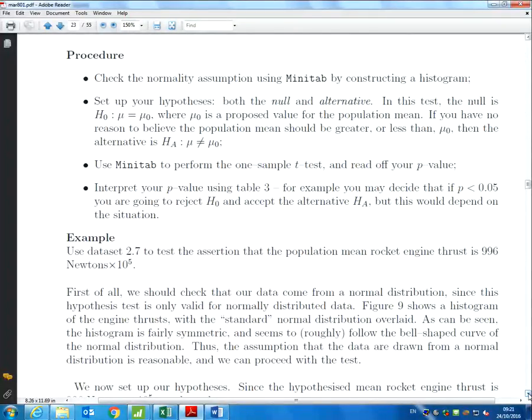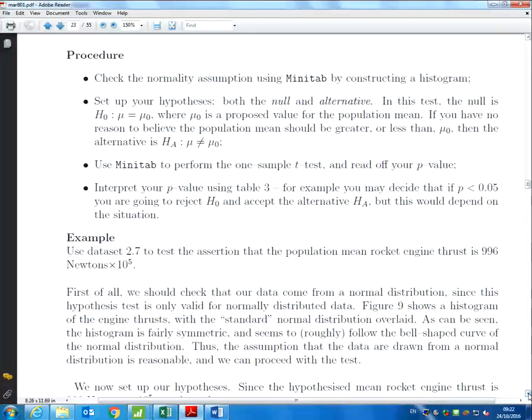Okay, you're given the steps that you would work through when you're carrying out a hypothesis test. Okay, so with the t-tests, there is this assumption. Okay, look at bullet point 1. What's the assumption? The data is normally distributed. Step 2, you set up your hypotheses.